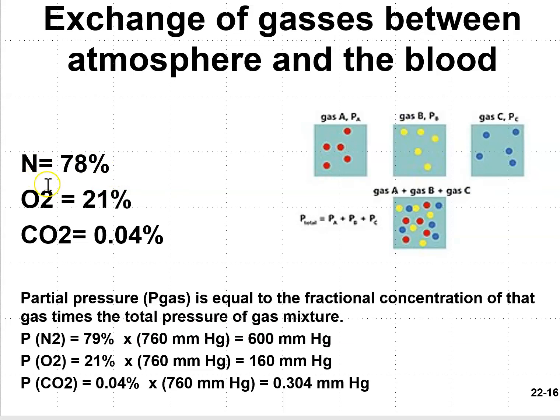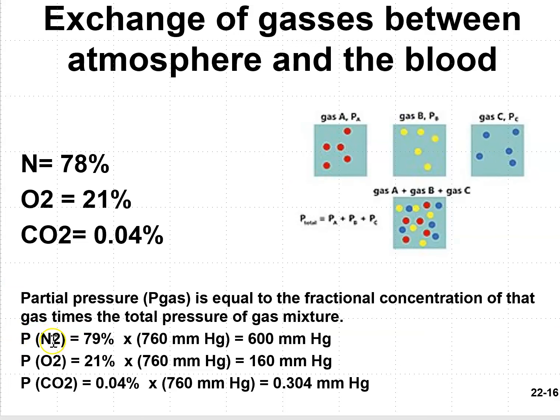So in the atmosphere, we have a mixture of gases, and you might not have really thought of this, but nitrogen actually makes up 78%, oxygen only makes up 21%, and CO2 only makes up 0.04%. And each of these gases exerts a certain amount of pressure in the atmosphere, and that is called the partial pressure of that particular gas.